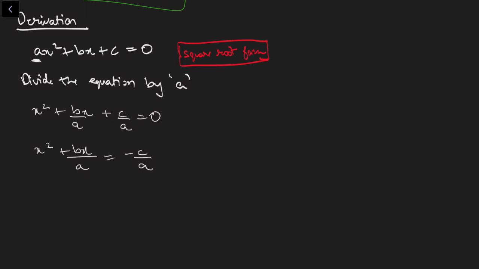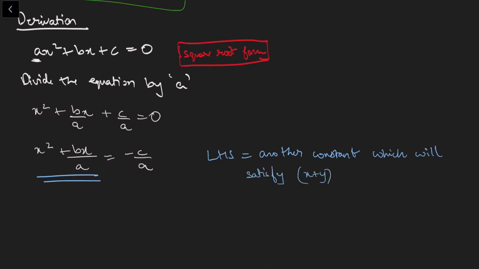So we get x squared plus bx by a is equal to minus c by a. Now on the left hand side we're going to want to have another constant which will satisfy the x plus y the whole square formula. So over here x will be equal to x, that's what we want, and y is what we have to find.